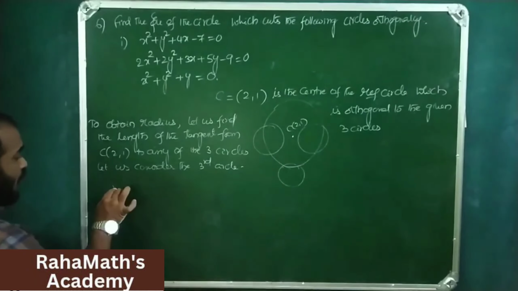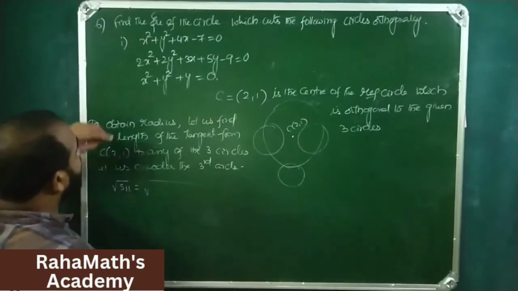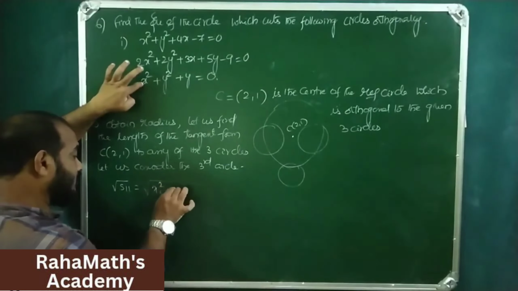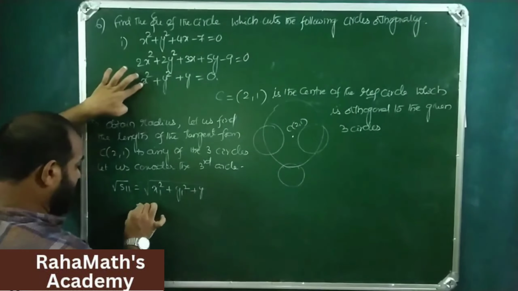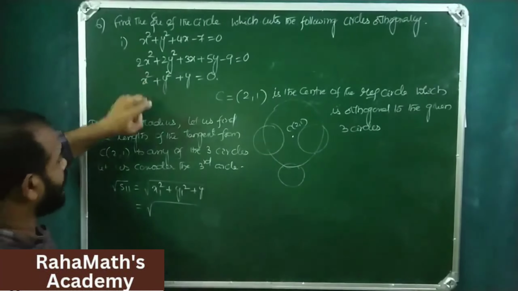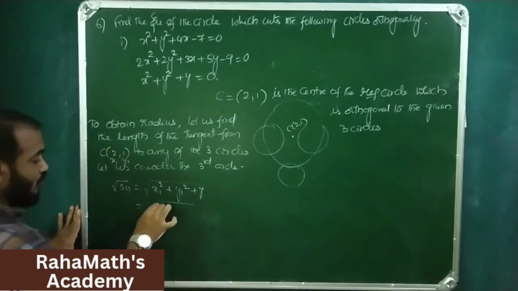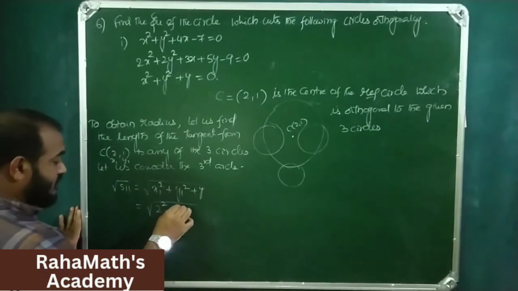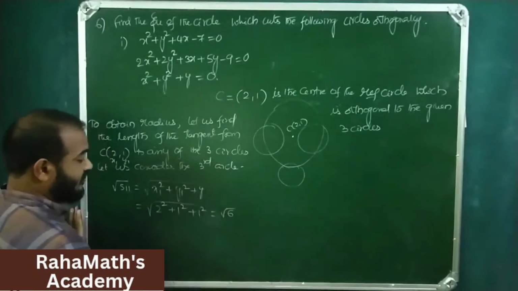So now root S11 is the root of x1 square plus y1 square plus y1. So this x1, y1 is (2, 1). So 2 square plus 1 square plus 1 square equals root 6.